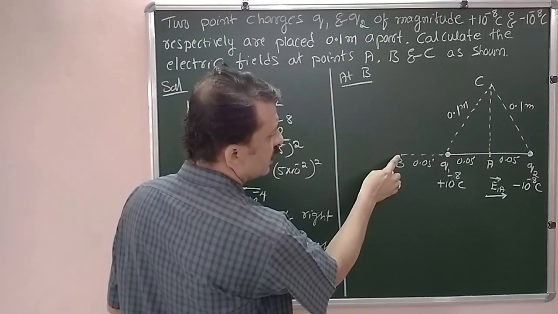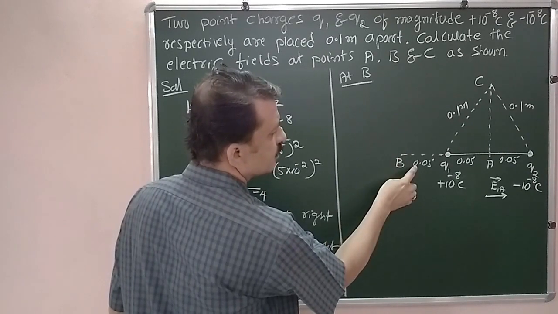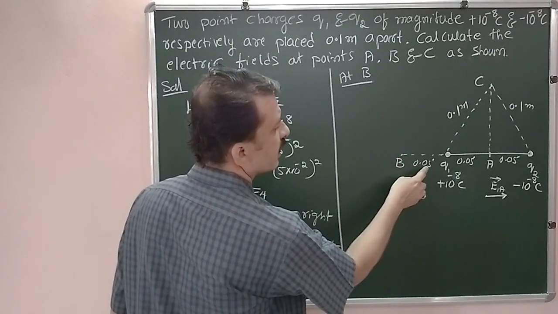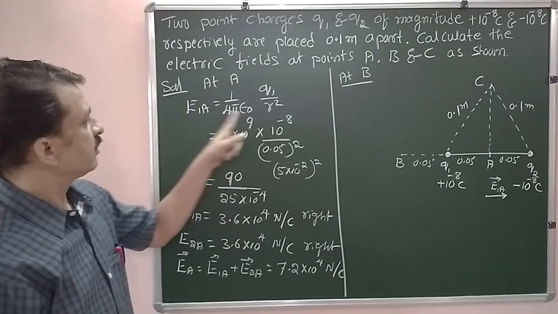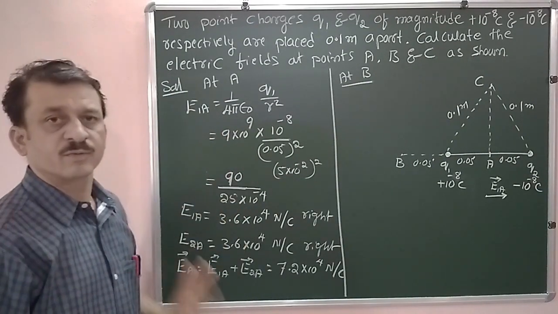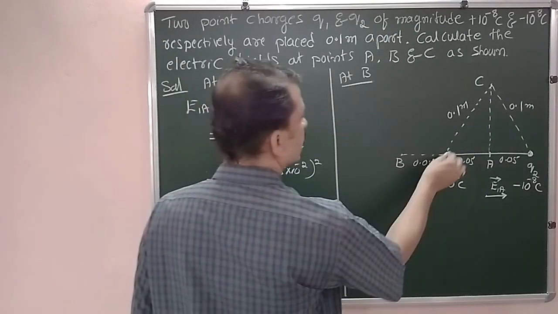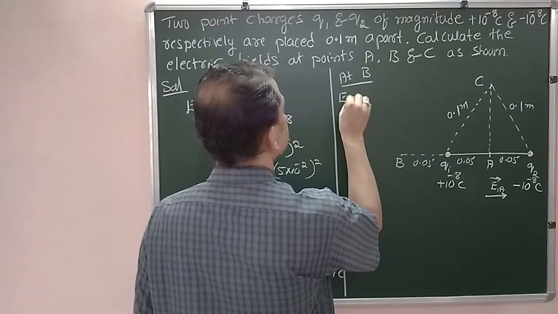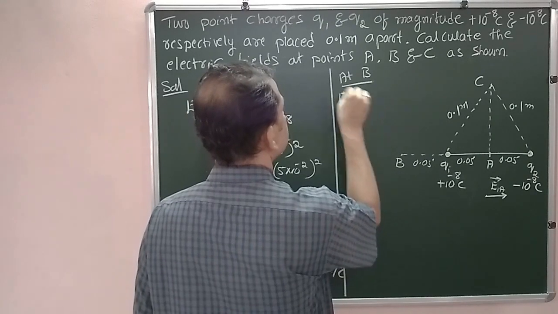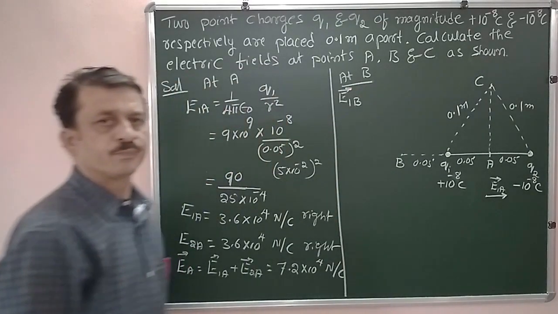Now the point B is at the same distance, 0.05, from the positive charge. That's what you have worked out here. So the electric field at B due to the positive charge, let me write it as E1B.